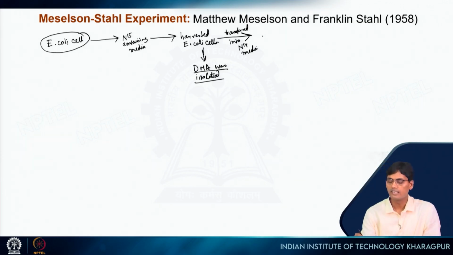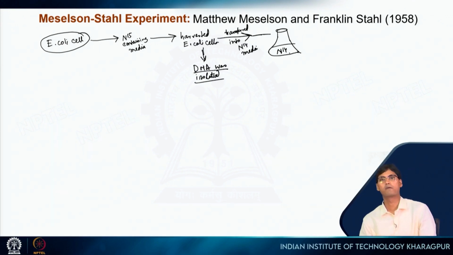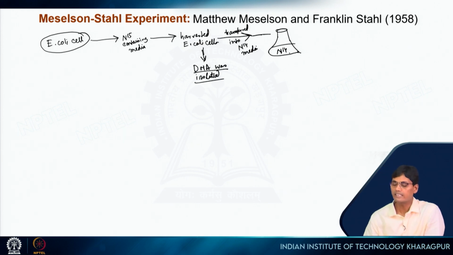So now they wait for 20 minutes. They transferred here, and you have N14 media in this flask, and then they took a sample. After transferring into N14 media, they took a sample at 20 minutes.